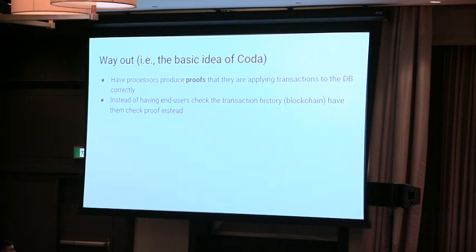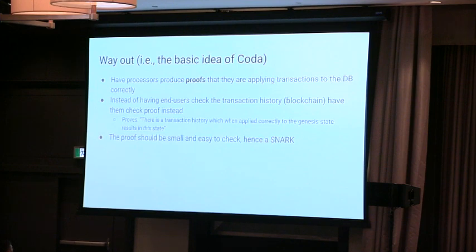They don't have to see the transactions, they can just check the proof. What does it prove? It proves there exists a transaction history, or I know a transaction history, which, when applied correctly to the genesis state of the world, results in this state, whatever this state is. This is the state that they're trying to convince you of, the current state.